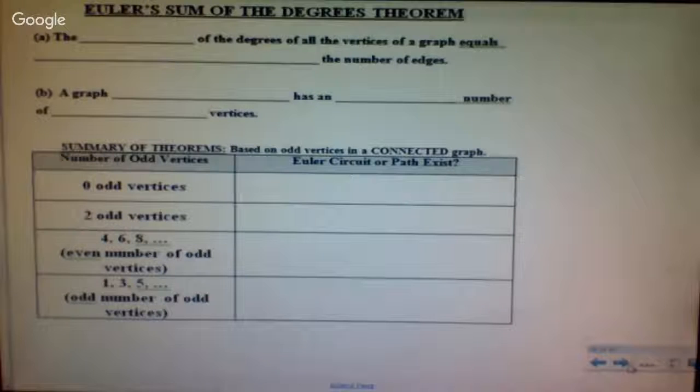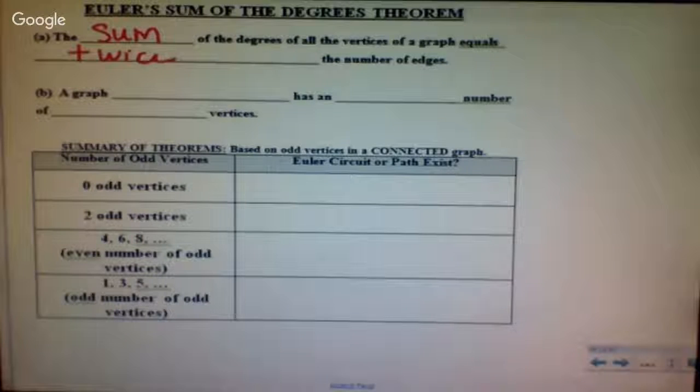So that leads us to our last theorem, Euler's sum of degrees theorem, which says the sum of the degrees of all vertices of a graph equals twice the number of edges. Those formulas you just wrote down, this is that in words.